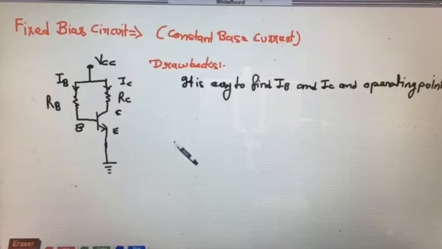By simply changing the value of RB, the second and the third requirement of proper biasing is not met.